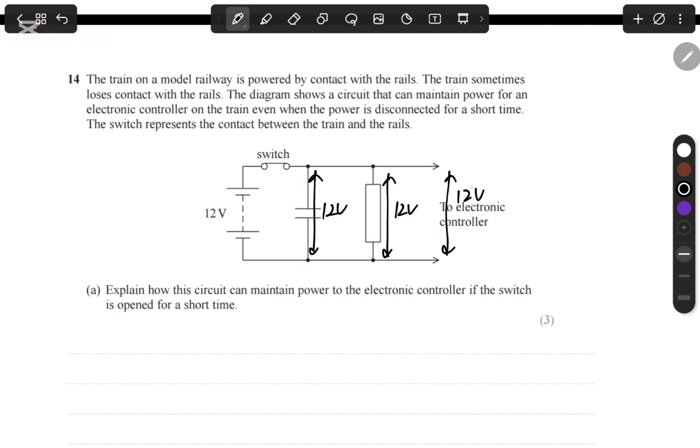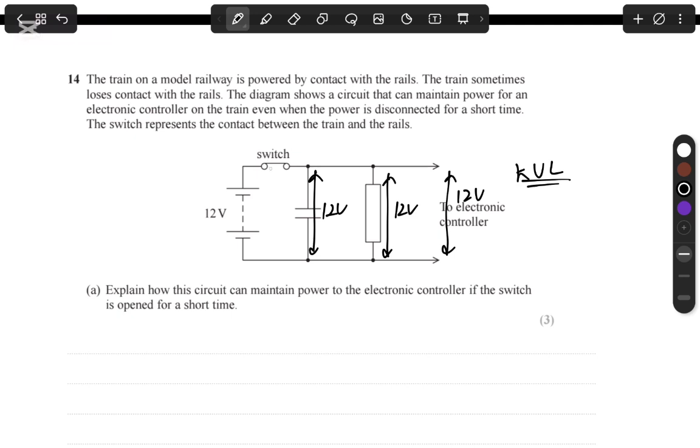The reason for this is they all are connected in parallel. And we know when components are connected in parallel, the potential difference across them is equal to the EMF of the battery. That is your Kirchhoff's voltage law. So the potential difference across all of them is going to be equal to 12 volts.